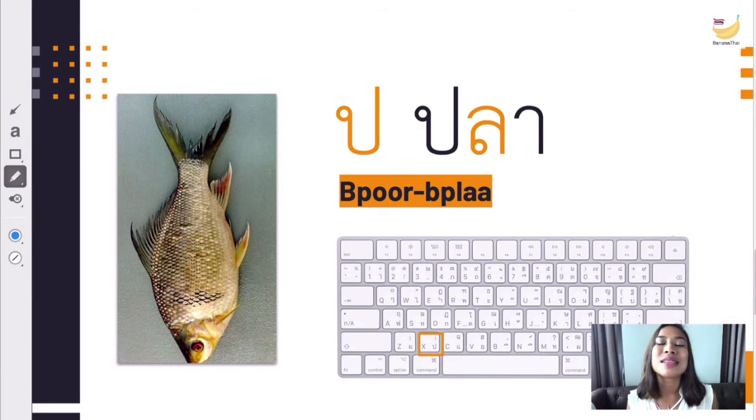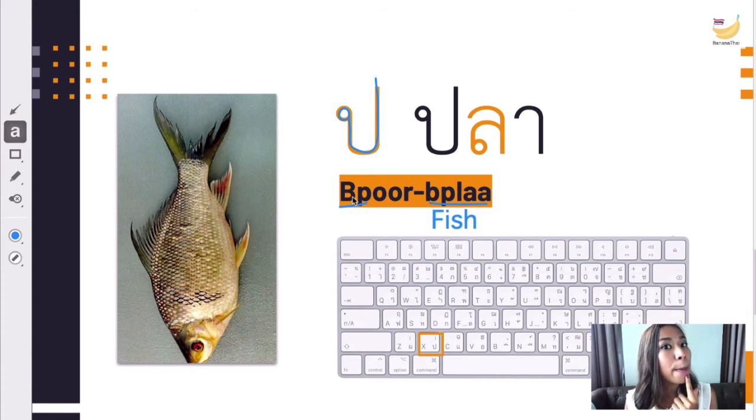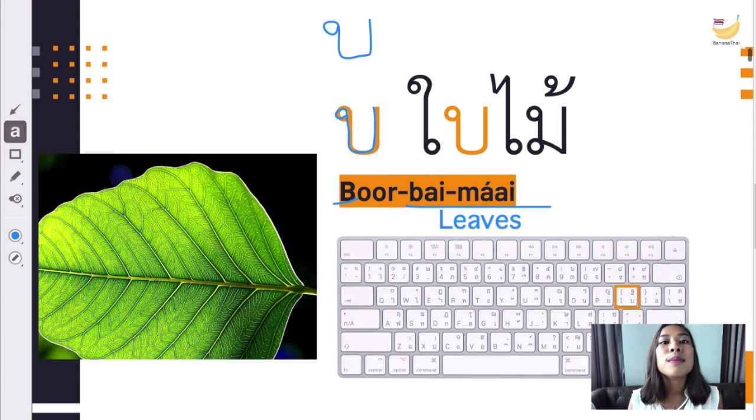The next one looks quite similar to บอ ใบไม้ but with a long tail, which is ปอ ปลา. ปลา means fish. ปอ ปลา is not b like บอ ใบไม้. บอ ใบไม้ is a b sound, but ปอ ปลา is a strong bp, so you press your lips together.